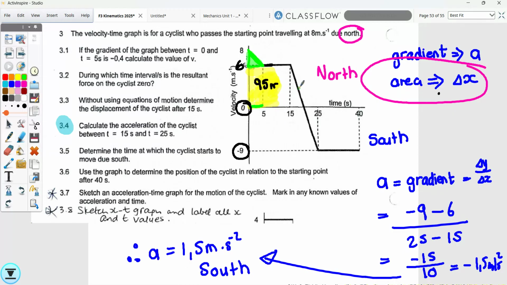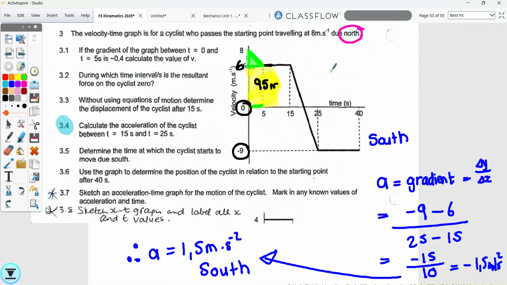Guys, you can calculate it because you know the gradient. There's always a few ways in science to do things. You can say change in y over change in x. We've just worked that out, it is minus 1.5, right? Then you use another piece, this piece here. So for that piece, change in y is 0 minus 6.